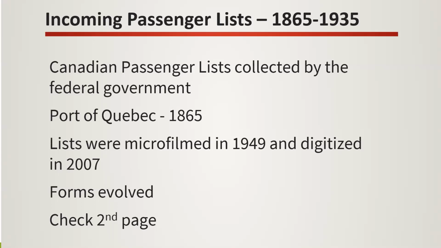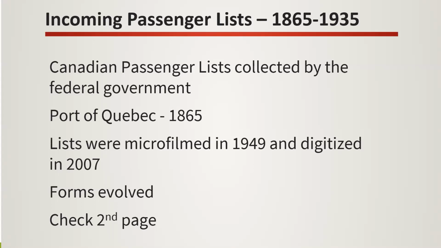And in partnership with Canada, like the censuses, they were all on microfilm first. And in 1949, they were microfilmed, and then many of them were destroyed, and the censuses anyways, and we've digitized from the microfilm in 2007.